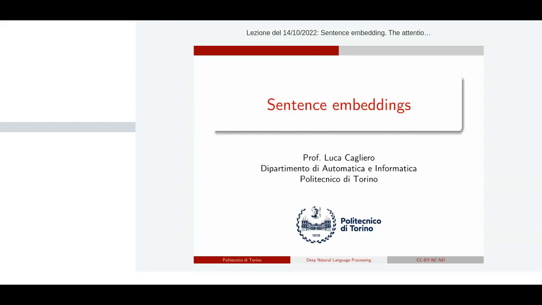So what we did last lecture was to introduce the so-called word embedding representation, which is, in a nutshell, a representation that maps each word in the vocabulary to a vector representation.